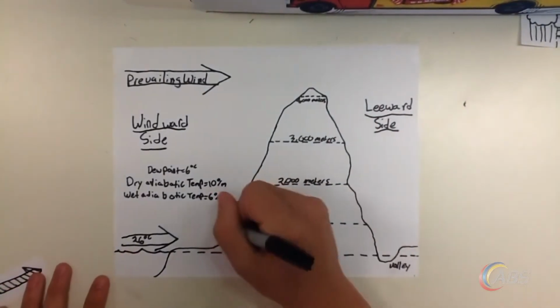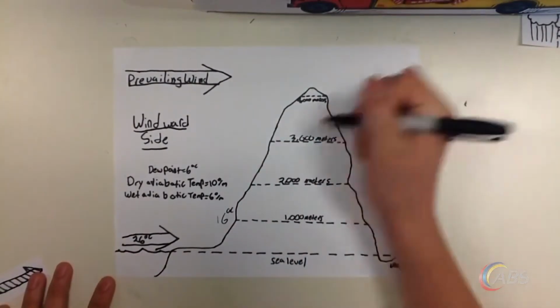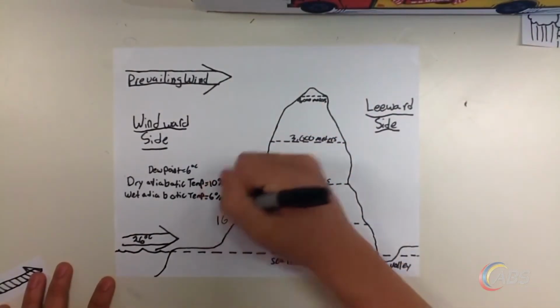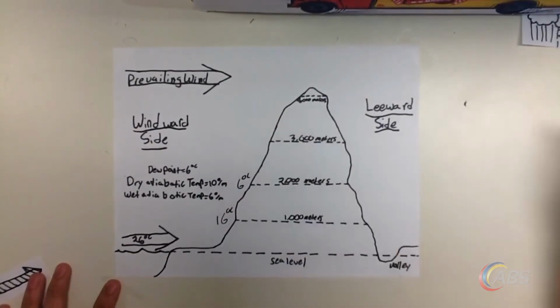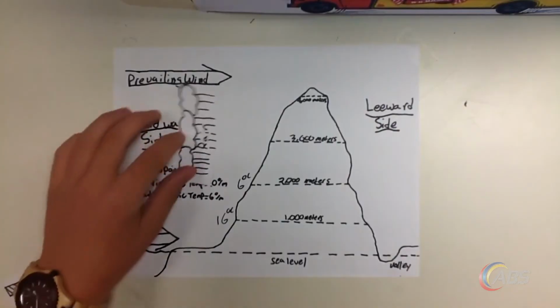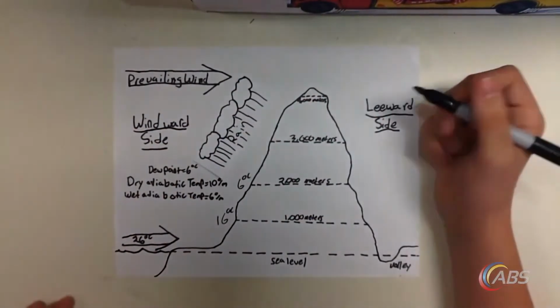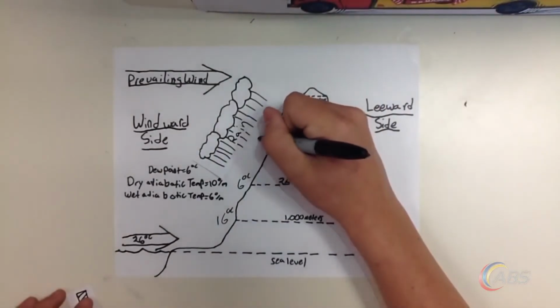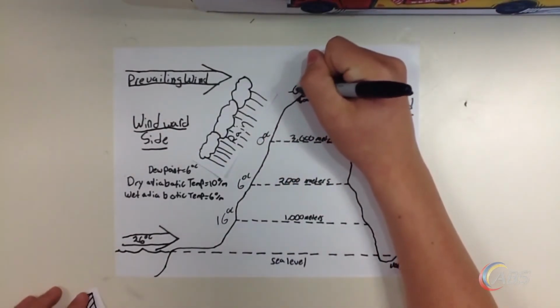So 26 minus 10, 16 degrees Celsius. Because it's not 6 yet, subtract one more. So it would be 6 degrees Celsius. And now we have reached our dew point. This is when it begins to rain or precipitate. We now go up by subtracting 6 each time. So 0 degrees Celsius minus 6 once again would be negative 6 degrees Celsius.